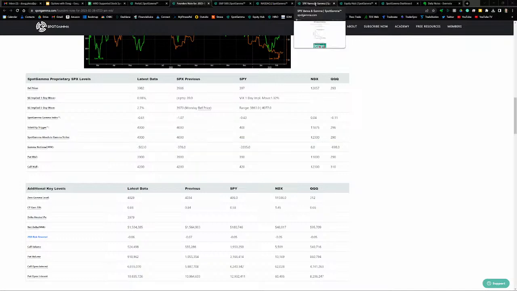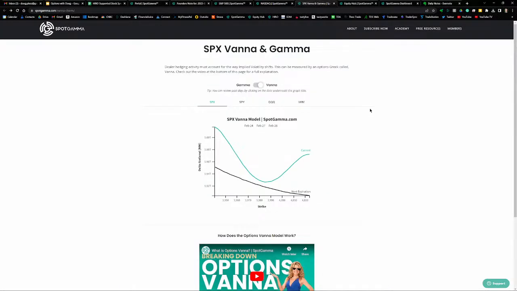And the Vanna charts illustrate that graphically. This is SPX, and this chart is showing market makers' delta notional, or delta exposure, on the vertical axis, and price, the strike price, on the horizontal axis.